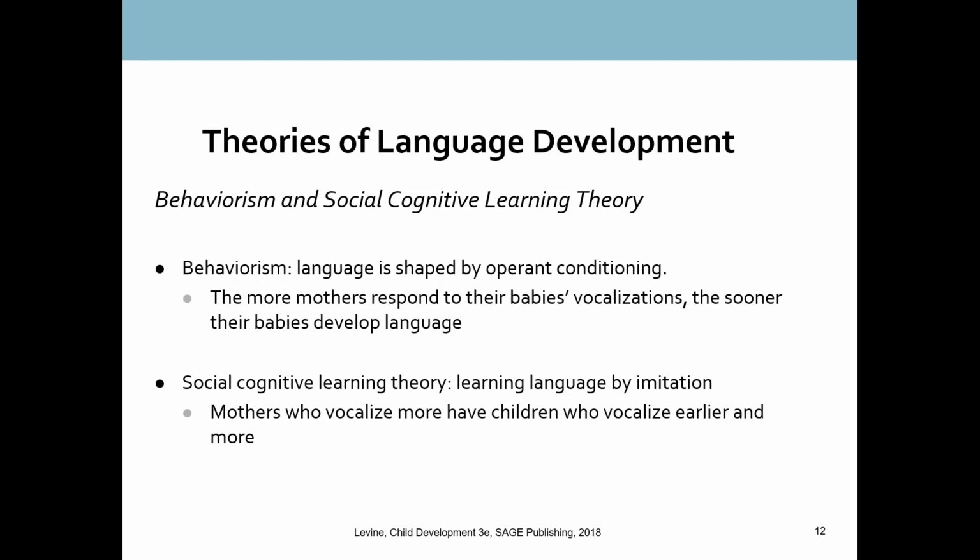This ties in with social cognitive theory, which, remember, has to do with observational learning. So they say that we learn language by imitation. As we're growing up, we imitate our parents or older siblings or other people in the environment.